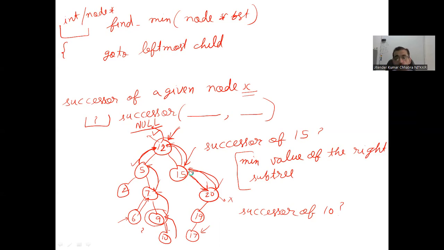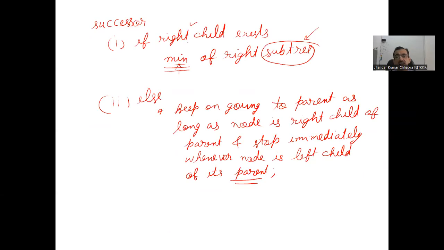Otherwise, successor will exist either as we said on the right side child, or on the left side we will have to go towards a parent and keep on going as long as I'm the right child, and stop immediately when the node is left. And null can also come.